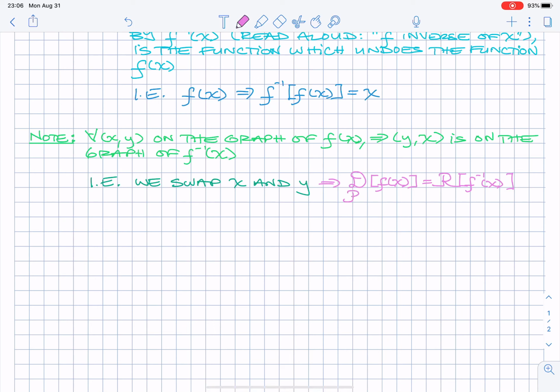So hence the range of f of x, the y values that it outputs, will be the same as the domain of the inverse function, meaning the inputs.